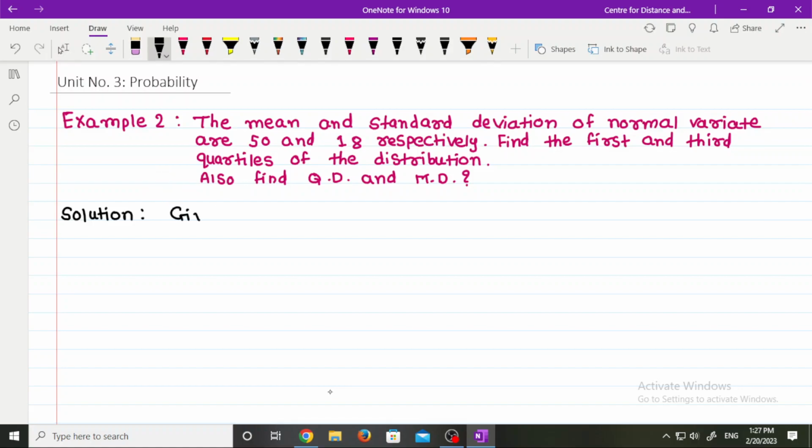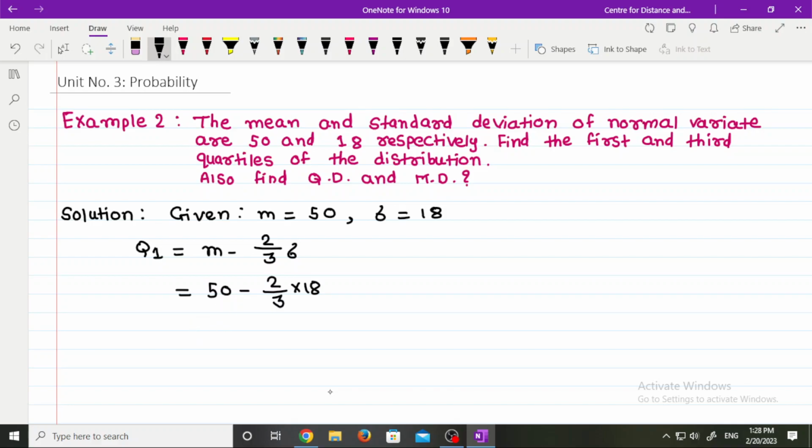Given m is equal to, that is mean, which is given by 50, standard deviation, that is sigma, which is equal to 18. Then we write down formula for Q1, that is m minus 2 by 3 into sigma, which is equal to 50 minus 2 by 3 into the value of sigma is 18, which is equal to 50 minus.